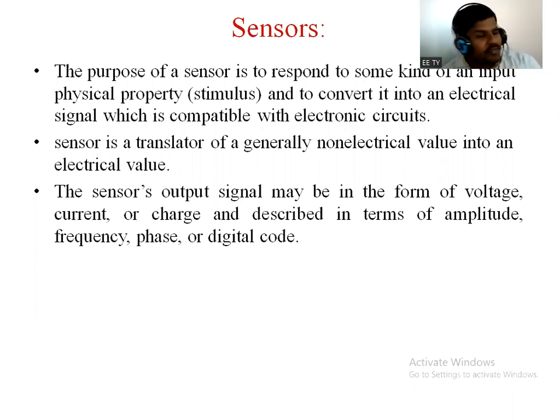So the electrical form means the output is obtained either as voltage, current, charge, or power. Generally the output of the sensor is in the form of electrical, like voltage, current, charge, or power.